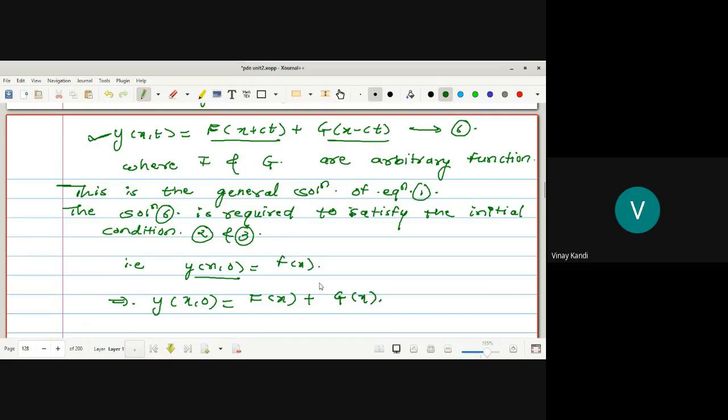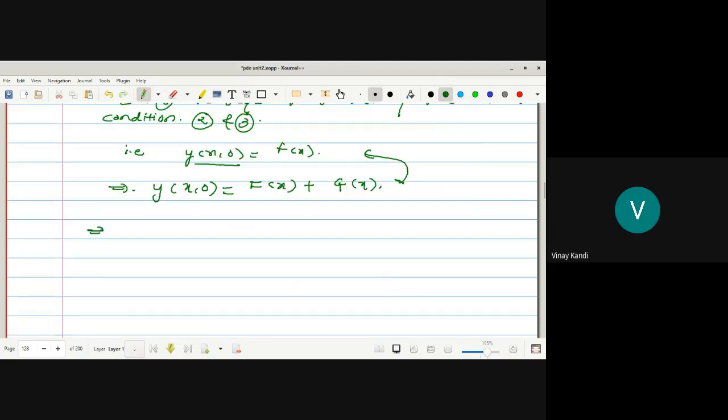Okay, after putting the value of t is equal to 0. Okay, now comparing these two equations, we get small f of x, that is the initial deflection, is equal to capital F of x, which is arbitrary function, plus capital G of x. Okay, so give it the equation number 7.